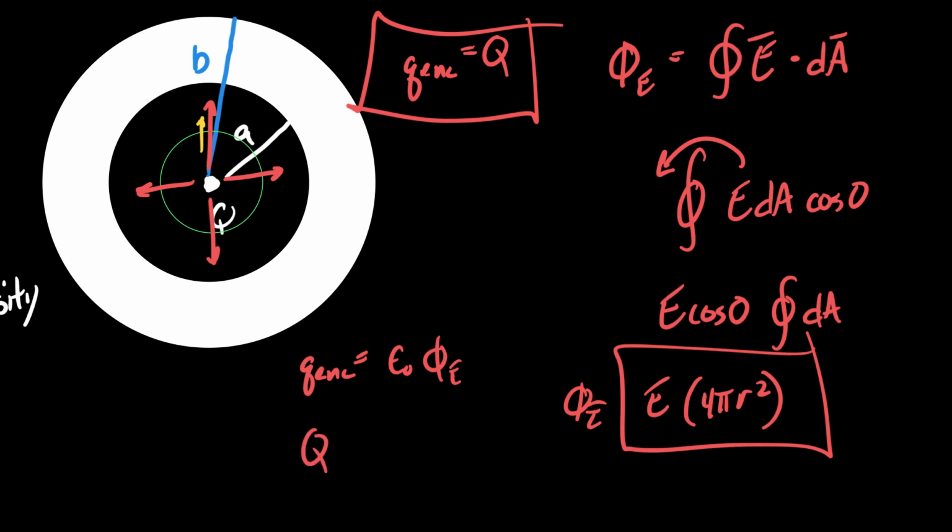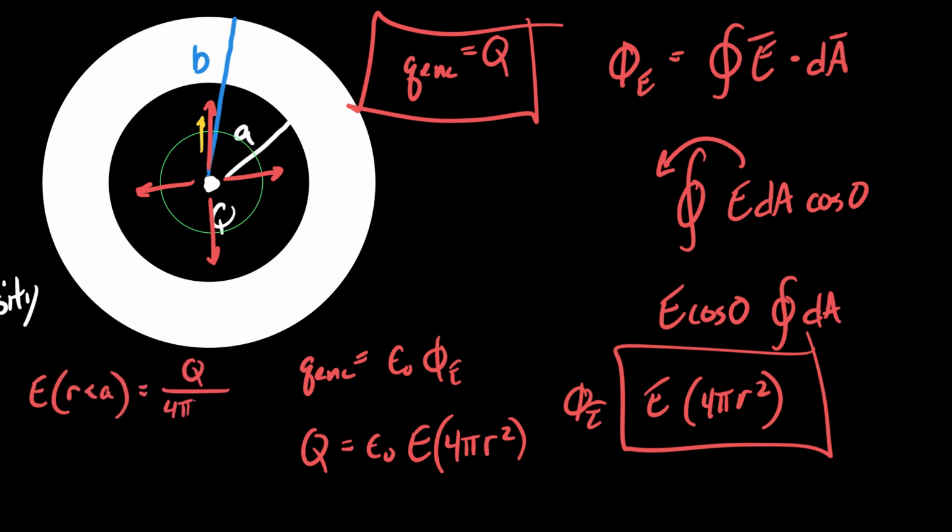So Q equals epsilon naught E 4 pi r squared. And then we get, I hope, the obvious answer for the electric field: for r less than a, the electric field will be Q over 4 pi epsilon naught r squared. All good? Any questions about that?